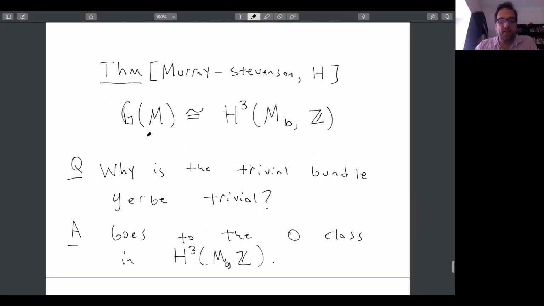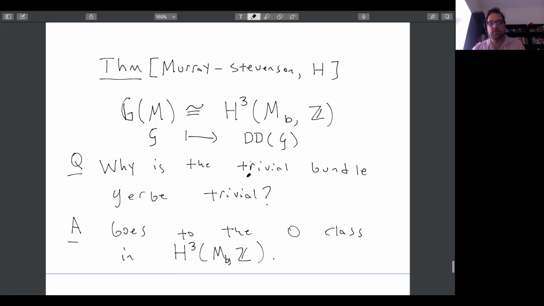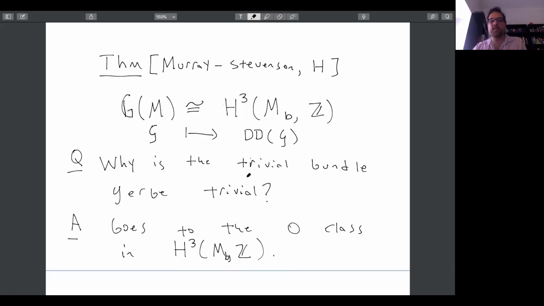And I should say that this map is usually denoted, well, one way it's denoted is DD for Dixmier-Douady class of the bundle gerbe. This is the analog of the Chern class for line bundles for bundle gerbes. Any questions?